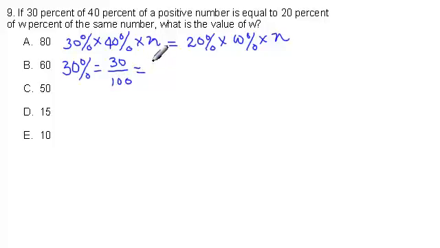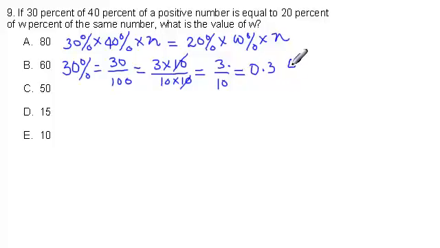Simplifying, 30 over 100 is 3 out of 10, and when you have 10 in the denominator, the decimal place moves to the left one place. So 30% is written as 0.3.